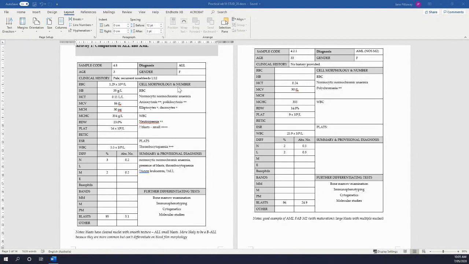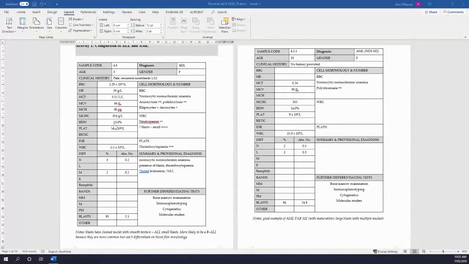When we have a look at our results, we can see that we have a significant anemia. And remember, this is a 3-year-old, so you do need to look at your pediatric reference intervals. But even compared to pediatric reference intervals, this patient is very anemic, and it is a normocytic normochromic anemia.